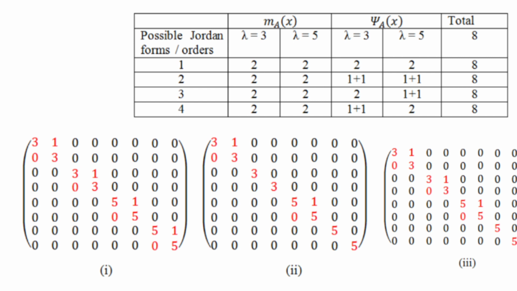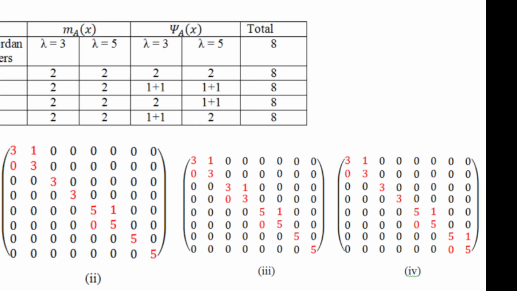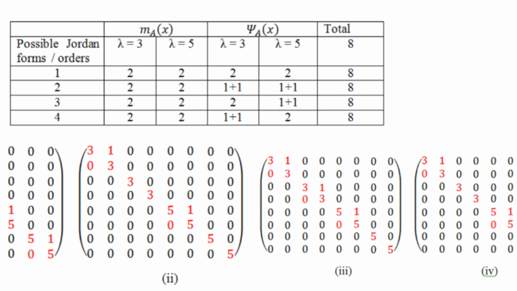Next, with respect to chi A of x, corresponding to eigenvalue lambda equal to 5, you have to construct a single block. So therefore 5 5. And similarly in the last form, corresponding to eigenvalue lambda equal to 3 for the minimal polynomial, you have to construct a Jordan block of order 2.